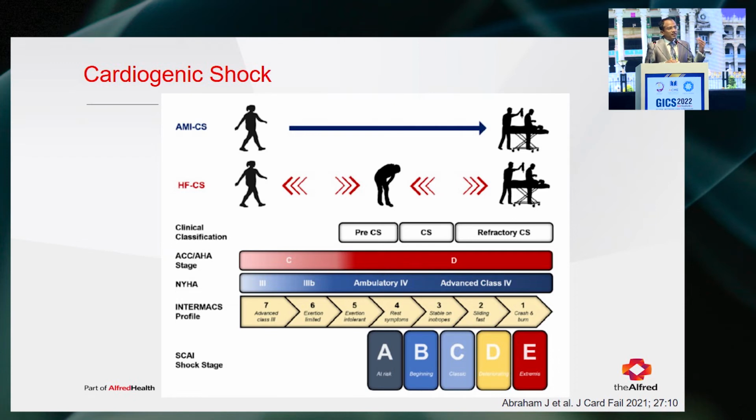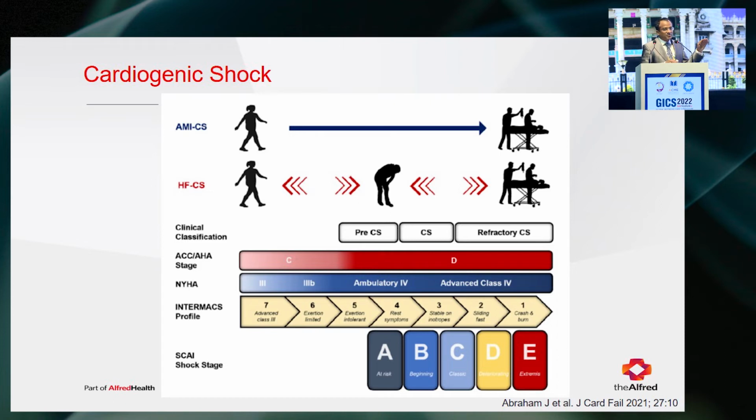And recently, the SCAI has broadly classified them into two categories, which is heart failure related cardiogenic shock, which is the most common type of cardiogenic shock that we see in ICU, followed by the AMI cardiogenic shock, where literally the patient walks into the emergency department only to then go into shock and develop multi-organ failure.